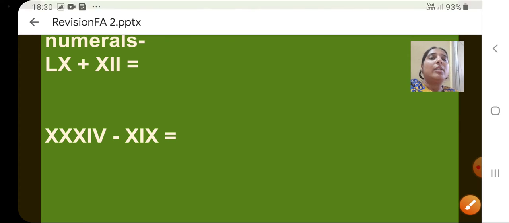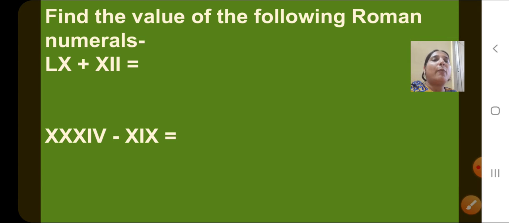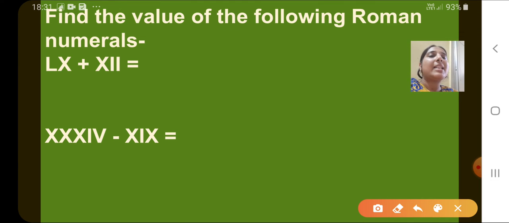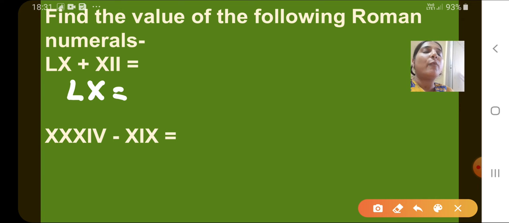Now find the value of the following Roman numerals. Now some addition and subtraction sums based on Roman numerals. Let's find their answer. So first you can see LX plus XII. So first we will write their values separately. So LX stands for, can you tell me the value for that?